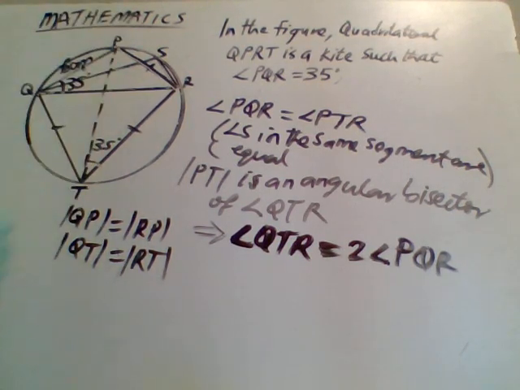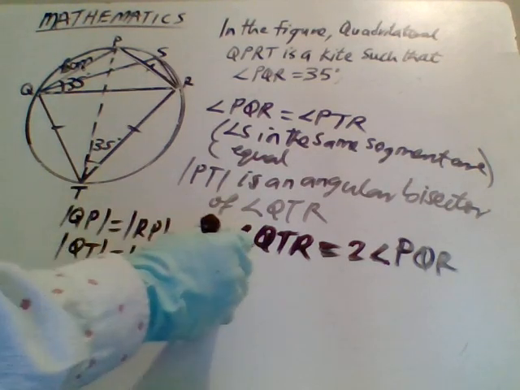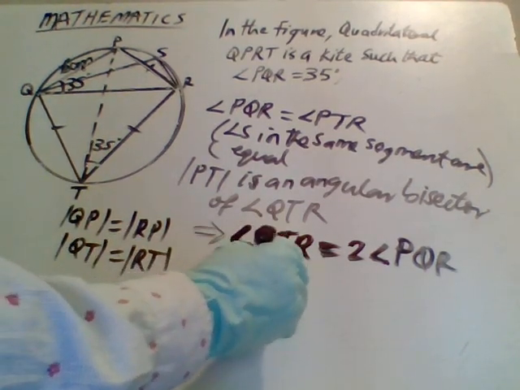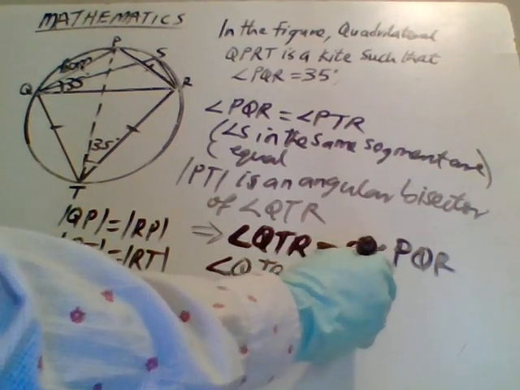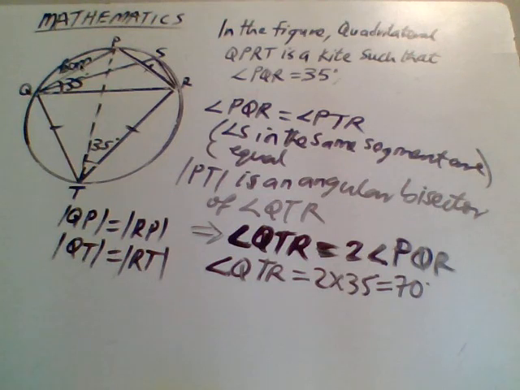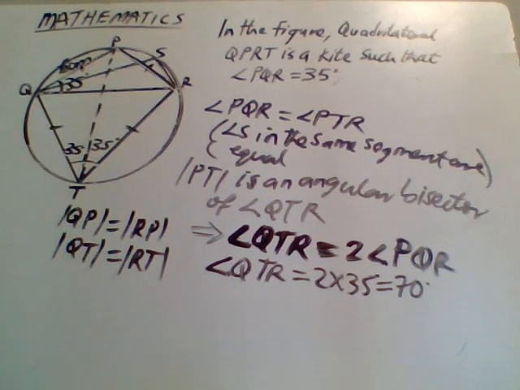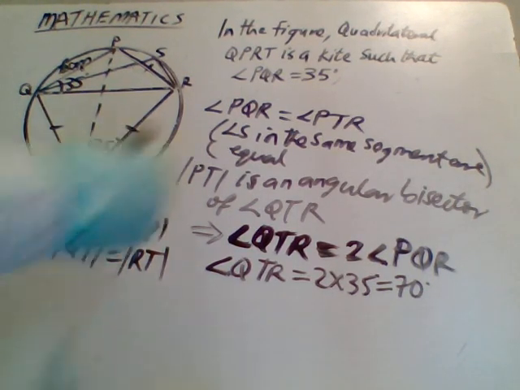So this is a perpendicular line. That means that angle QTR is equals to 2 times 35, and that gives us 70 degrees. So this angle here is also 35. And for that reason, you have answered one of the questions, because you are told to find the value of angle QTR.